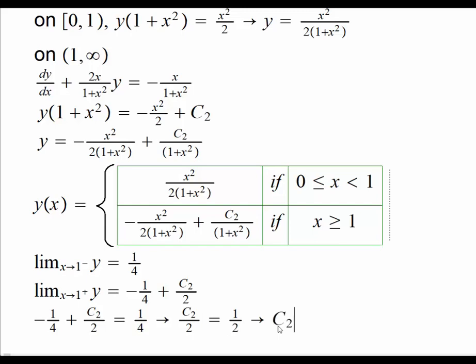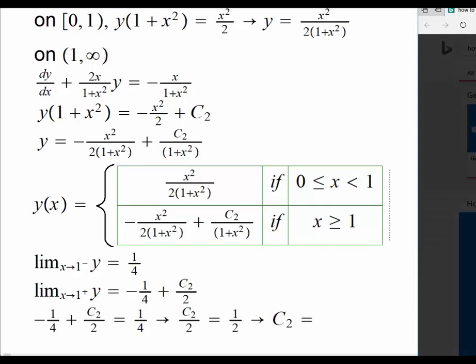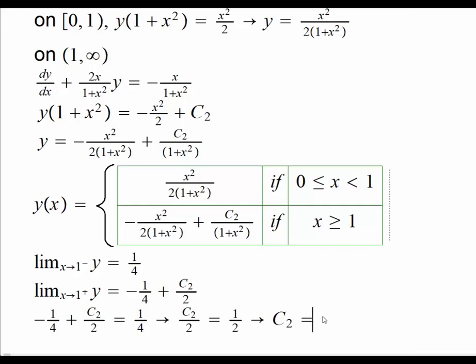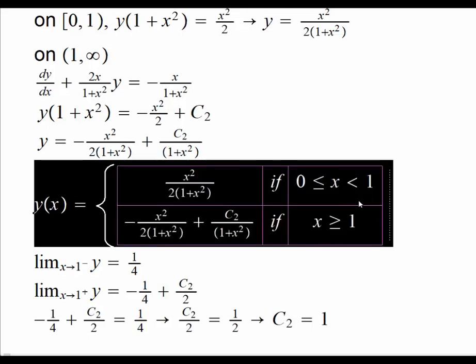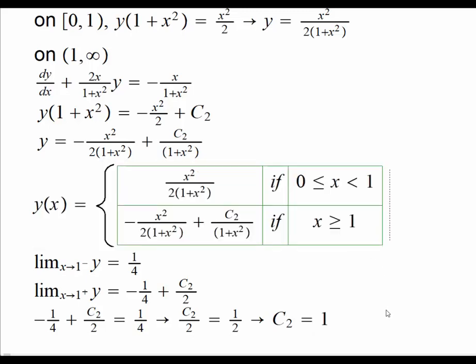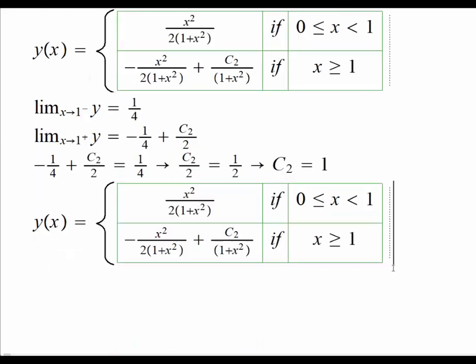1. Okay, so if we took c2 as 1, then this would be a continuous function at 1. That is, if we just go ahead and take this as 1 here, now we have a continuous function.